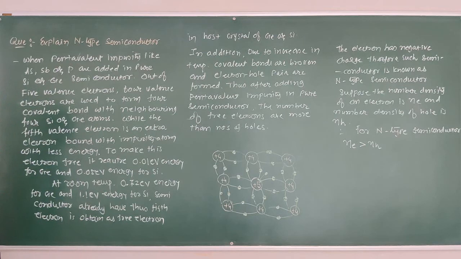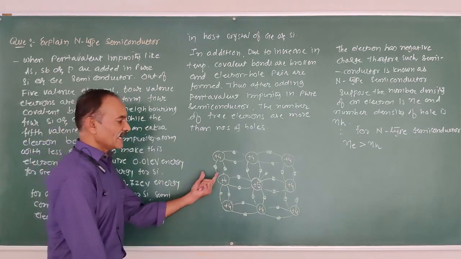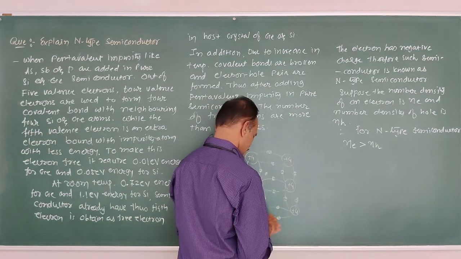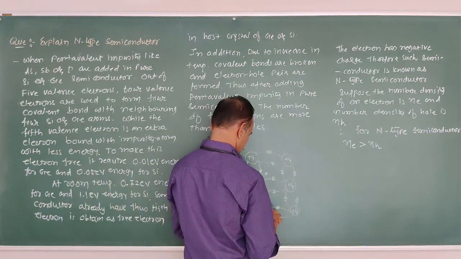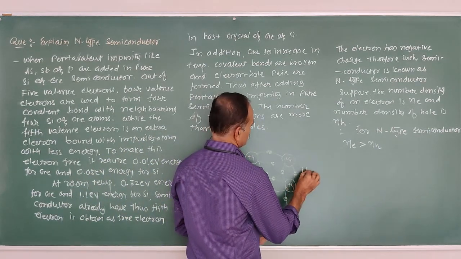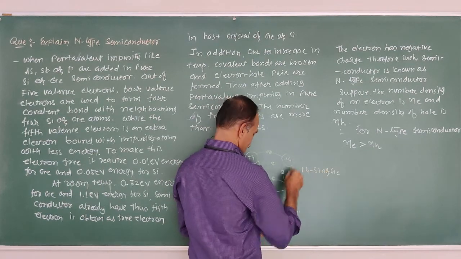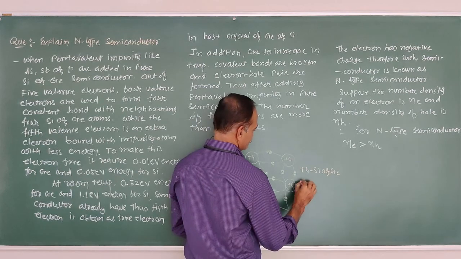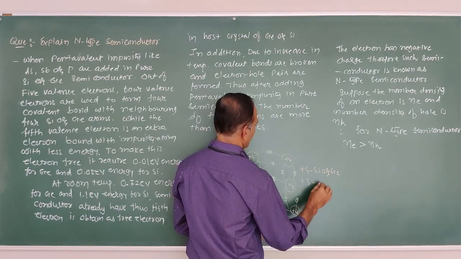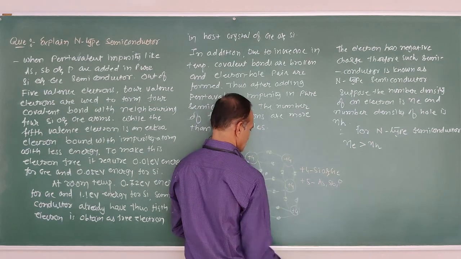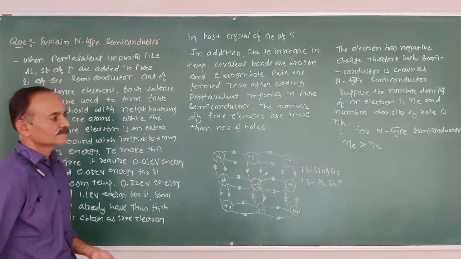So this is the lattice structure of the N-type semiconductor: plus 4 for silicon or germanium, plus 5 for arsenic, antimony or phosphorus.